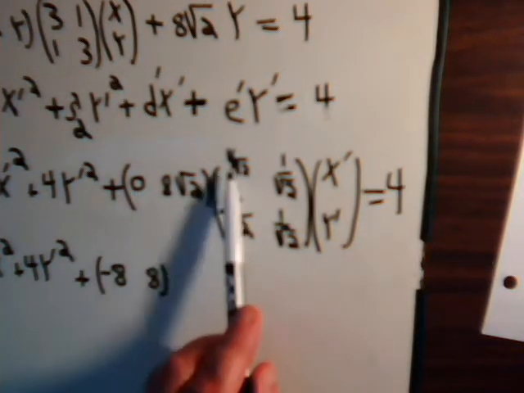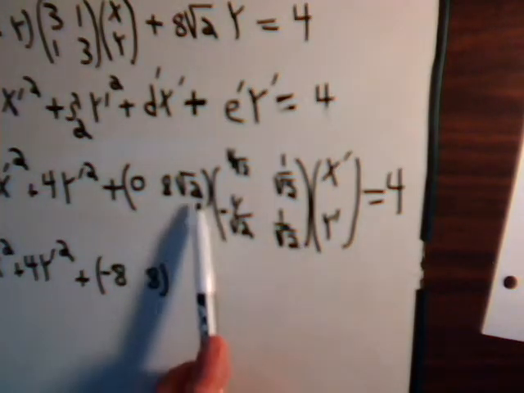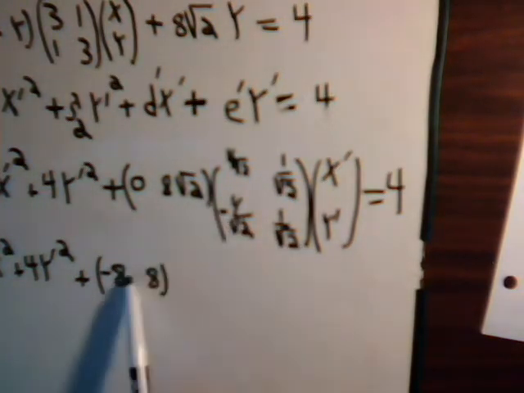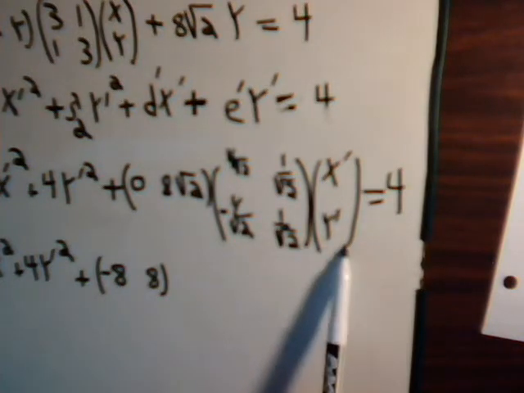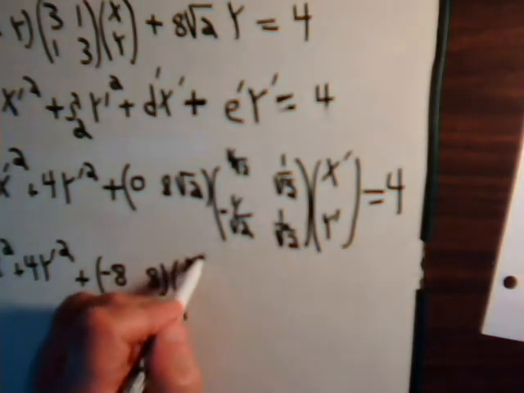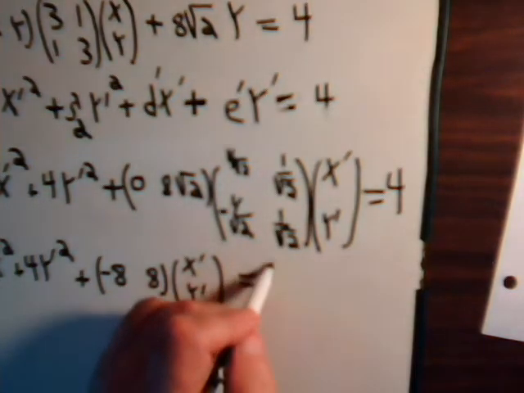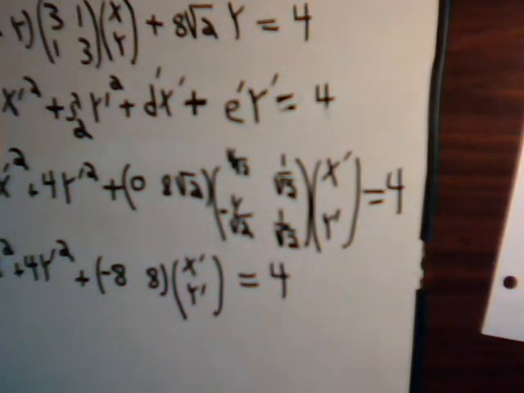The square roots of 2 cancel out, so we have minus 8 and 8 times x prime y prime equals 4.